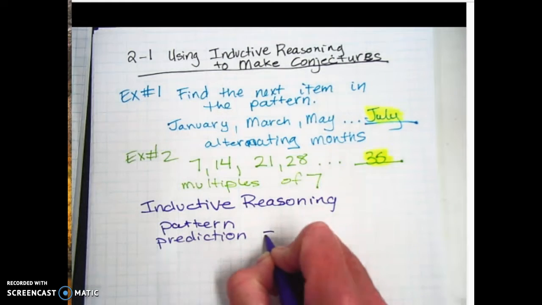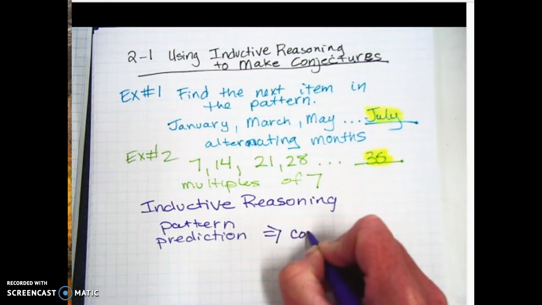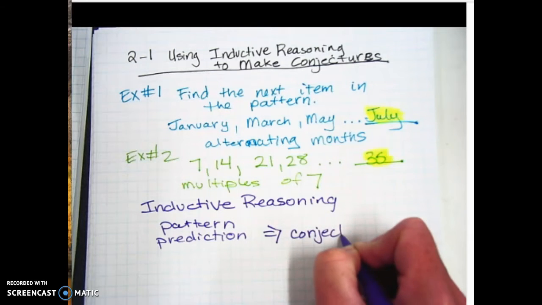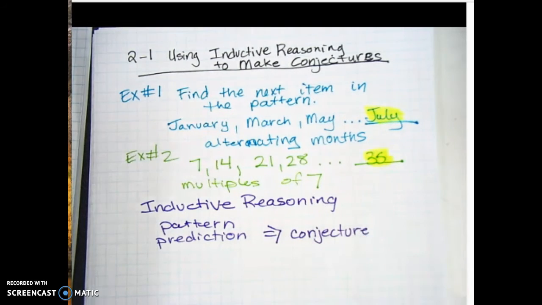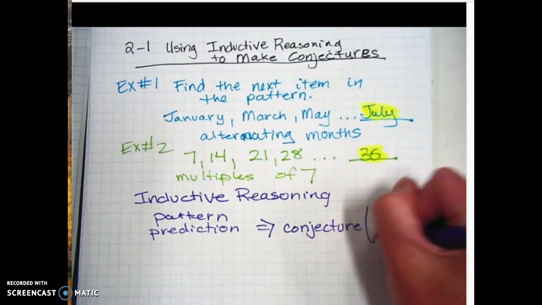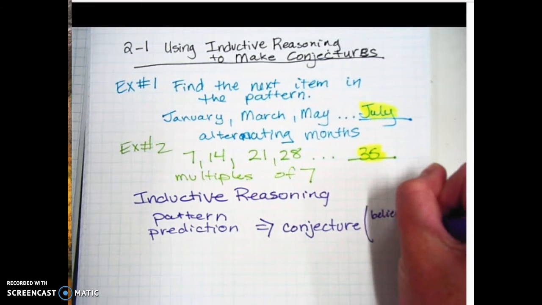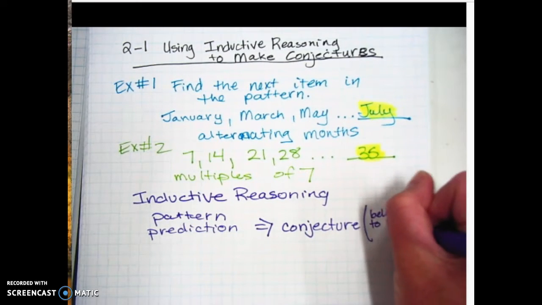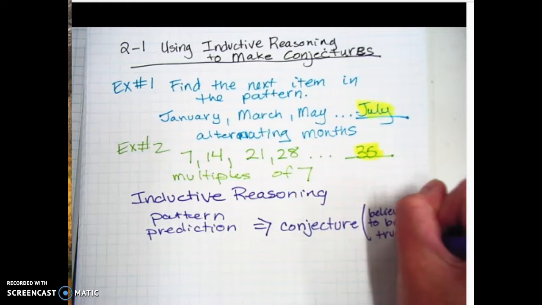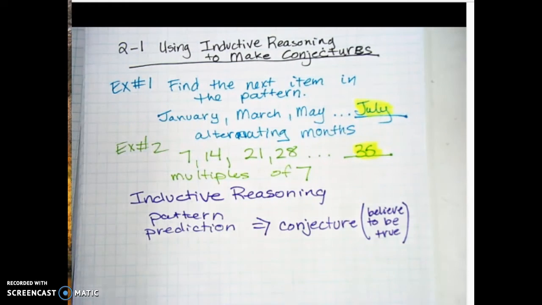You're going to make something called a conjecture. And this conjecture is something that you believe to be true. You're making this conjecture based on the information they give you, and you're saying, this is true based on what I know from what they've told me.